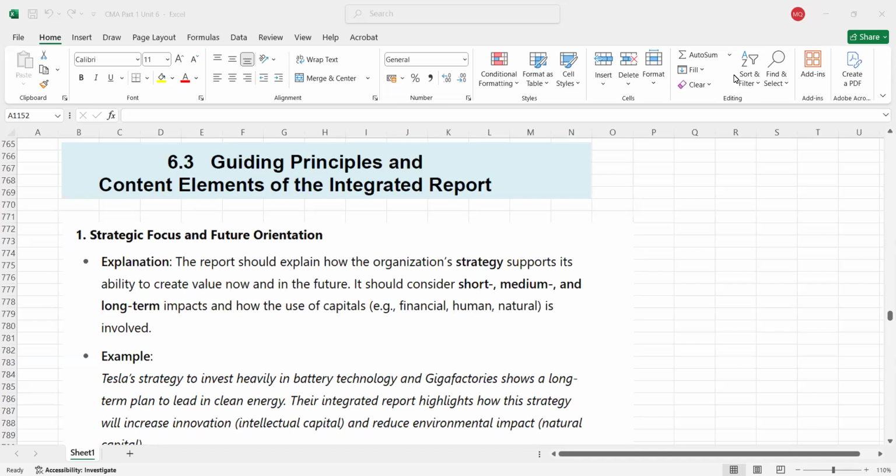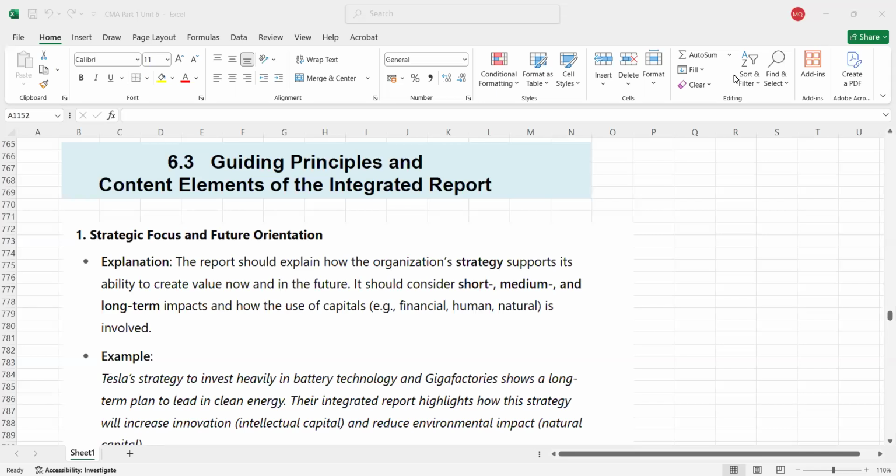So simply, under integrated reporting we include financial and non-financial information. In the last lecture we discussed the definition of integrated reporting, integrated thinking, and also the value creation process.